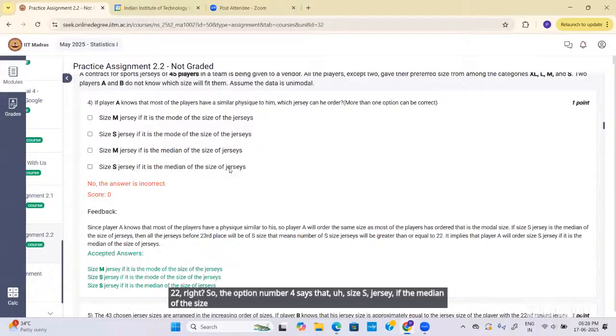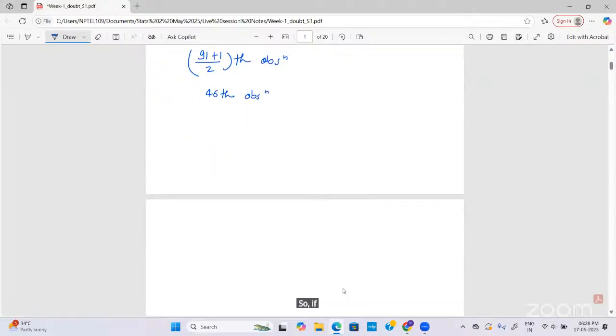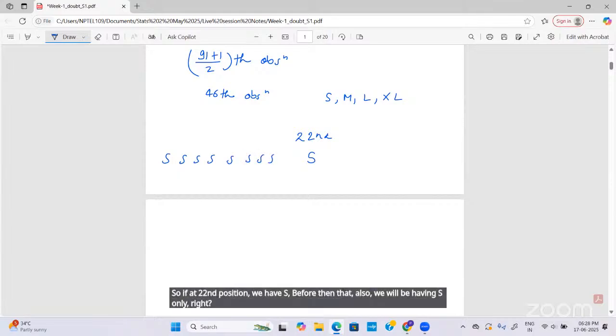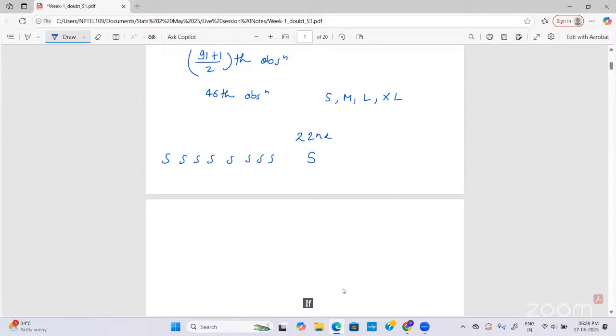So if at the 22nd position it is S, and we have the sizes S, M, L, and XL, then before that also we will have S only, if we are arranging it in increasing order.